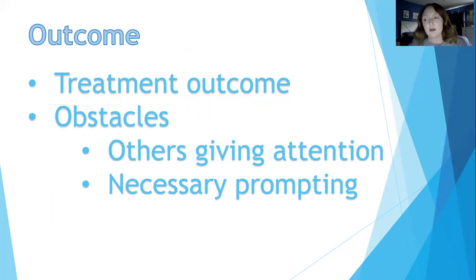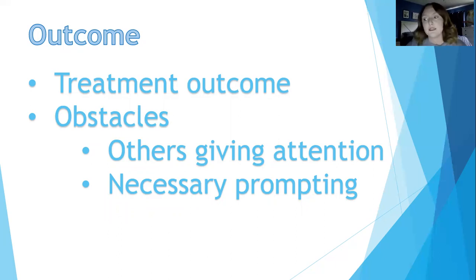However, there were some obstacles during this intervention. The first was that others were not aware of the intervention of planned ignoral, and upon noticing the behavior, would provide attention to the client by telling them to remove their hand or hands from their pants.